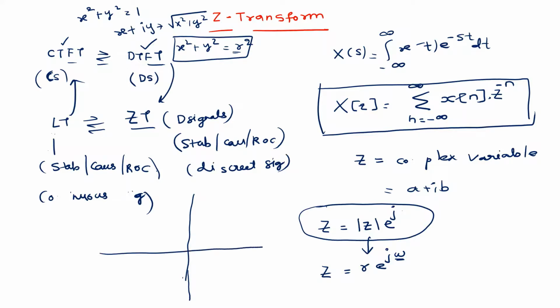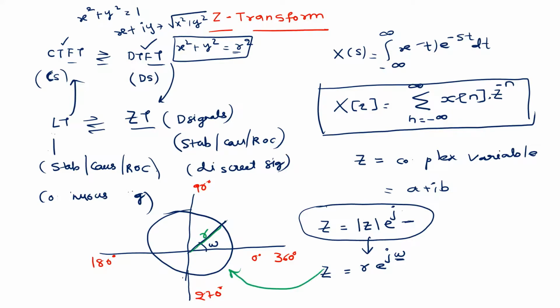We will take a circle, and there is the complex argument omega, which always makes some angle, going from 0 degrees, 90, 180, 270 and again 360. So omega may have any value in between, and the radius is r. So I will represent it as a circle. This is about the Z transform.